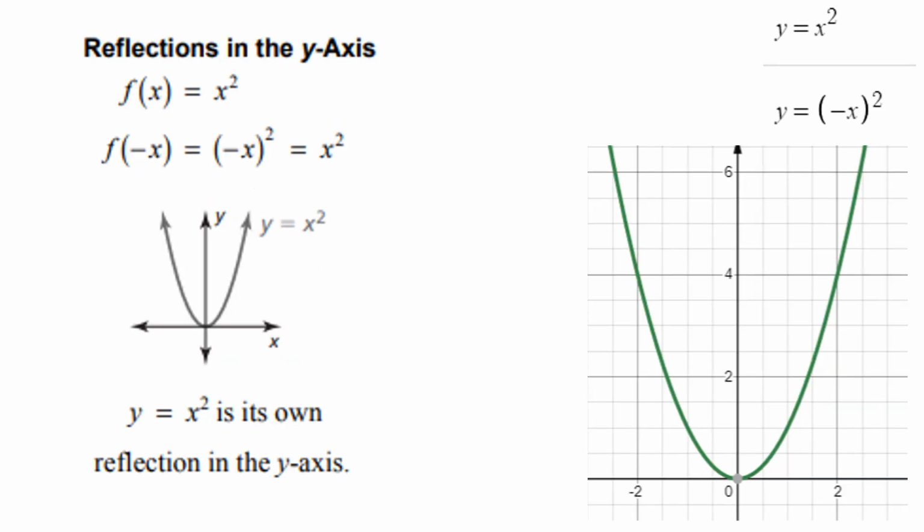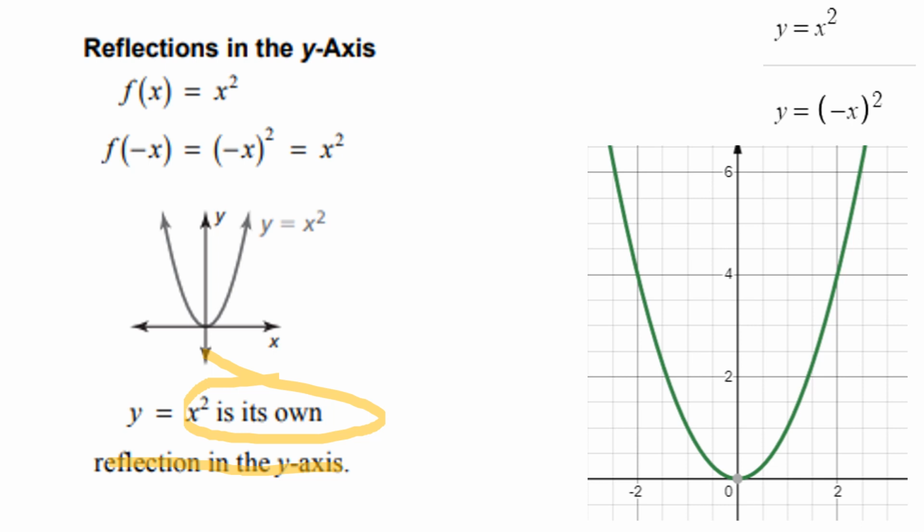Alright? So if the negative sign is inside the function, inside the parentheses, I'm saying, it reflects on the y-axis, but it stays the same. And the reason why is because, guys, think about it.